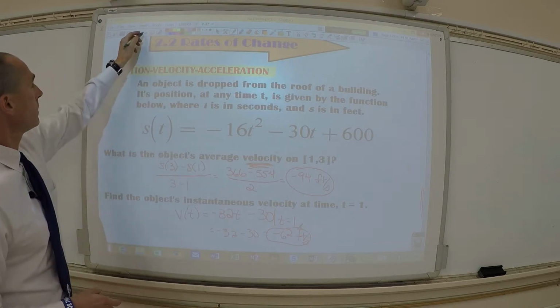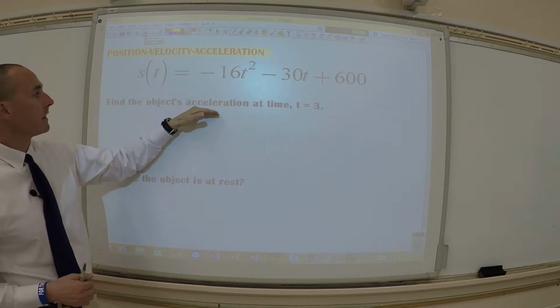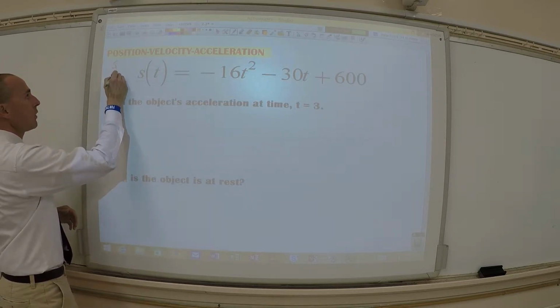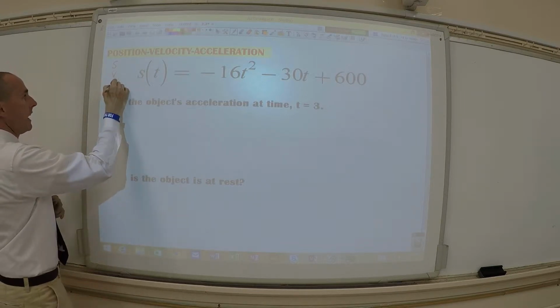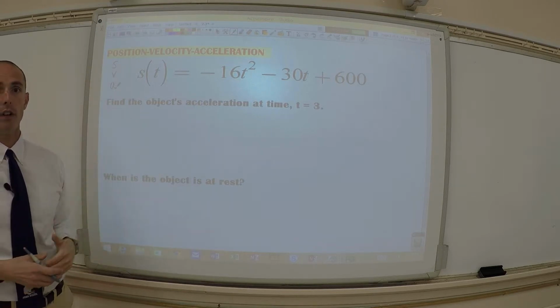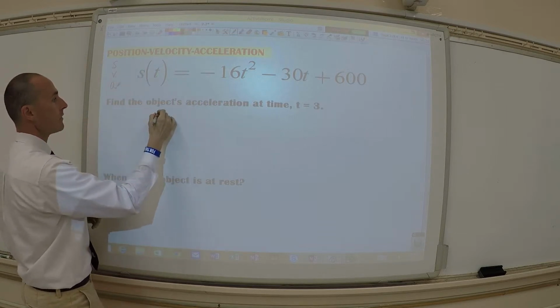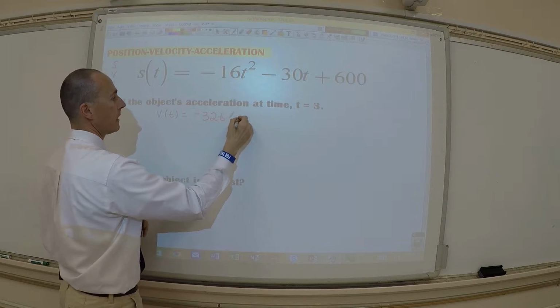Let's stay with this problem and look at a couple other things. Let's look at acceleration. If we're going to find acceleration, we have to remember that the hierarchy is we start with position, we move to velocity. Velocity is the first derivative of position, and then acceleration would be the second derivative of position or the first derivative of velocity. So we're going to have to differentiate twice, and we've already done half of that. V of t, remember, was negative 32t minus 30.